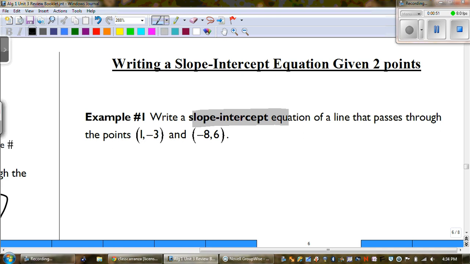So if we're going to write slope-intercept, the first thing we need is the slope, okay? So remember, this is an equation you need to memorize. We got 6 plus 3 on the top, and we got -8 minus 1, and that turns to a plus.